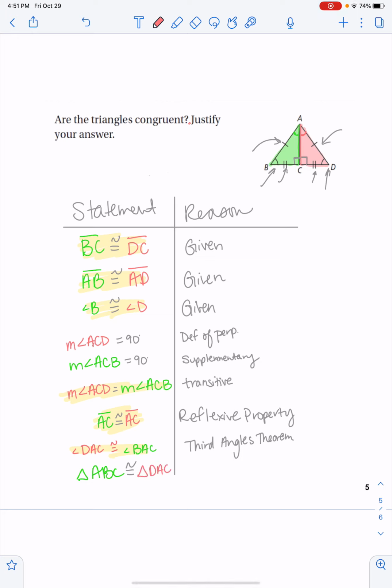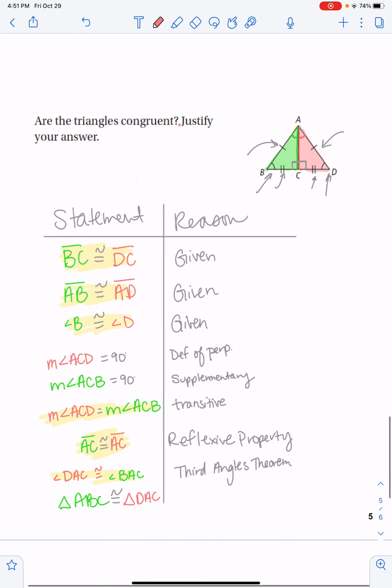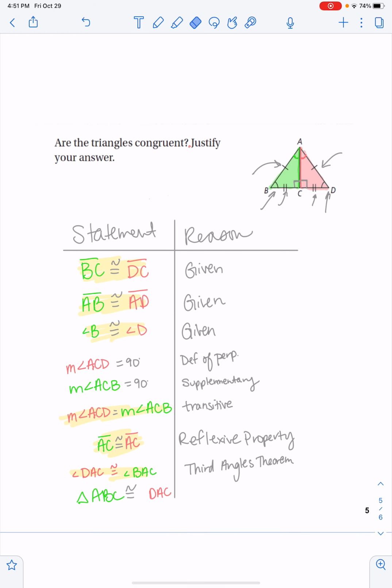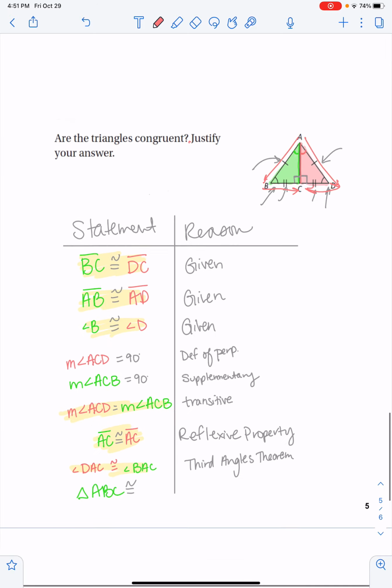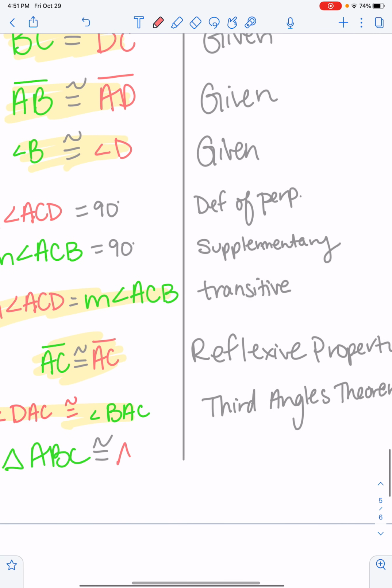And the order of those letters does matter. So DAC is actually the incorrect order. I need to write it. I went ABC, so I went here and then here. So I need to go here and then here. So ABC matches with ADC.